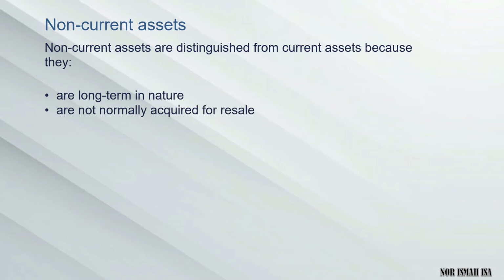It is not acquired for resale. We acquire the non-current asset for use. For the non-current asset, we have tangible and intangible. The intangible you will learn later, but for today, you are going to learn about the tangible non-current asset.